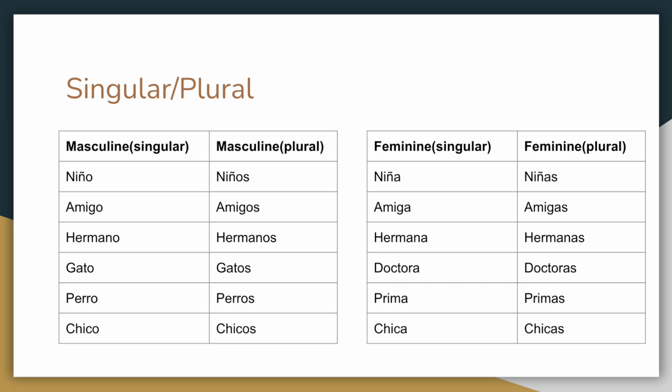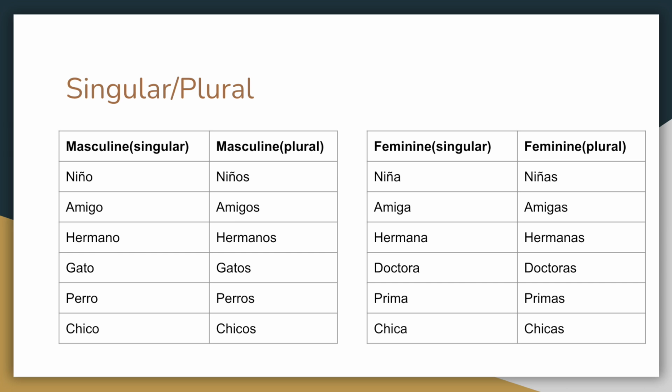With masculine, it's the same rule. It always has to end in an O. So masculine singular, like niño, amigo, hermano, gato, perro, chico, they all end in an O, so we know it's masculine. But when it's masculine plural, the word ends in an OS.